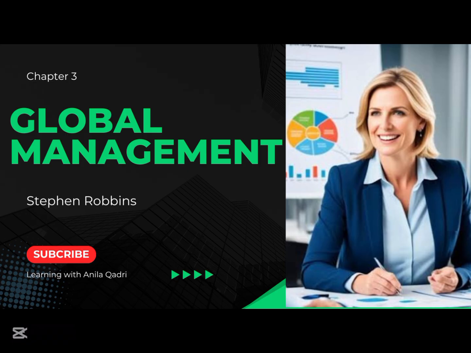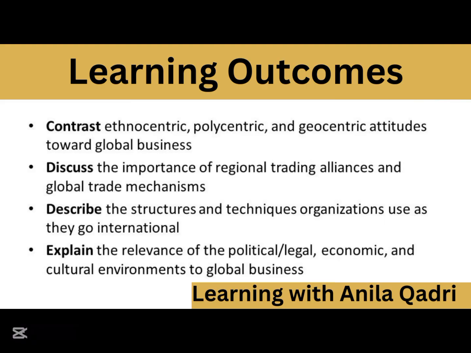Students, in this video, we are going to discuss the third chapter of Principles of Management, that is Global Management. The main agenda of this chapter will be to contrast ethnocentric, polycentric, and geocentric attitudes toward global business.